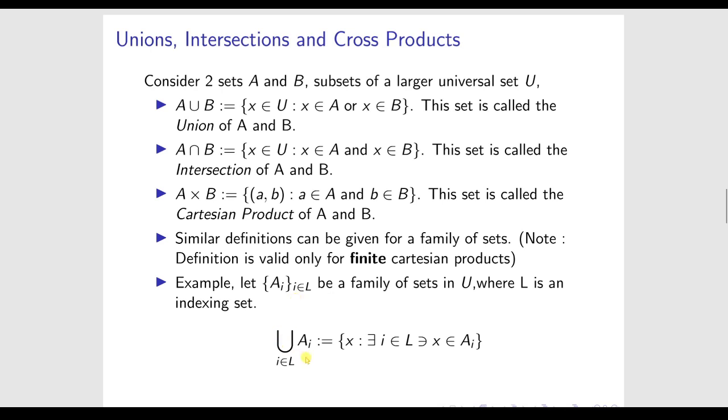The union over i belonging to L is defined as all x in U such that there exists an i in the indexing set L such that x belongs to A_i. Similarly, we can define intersections of arbitrary families of sets, but as mentioned again, we need a finite number of sets for Cartesian products.